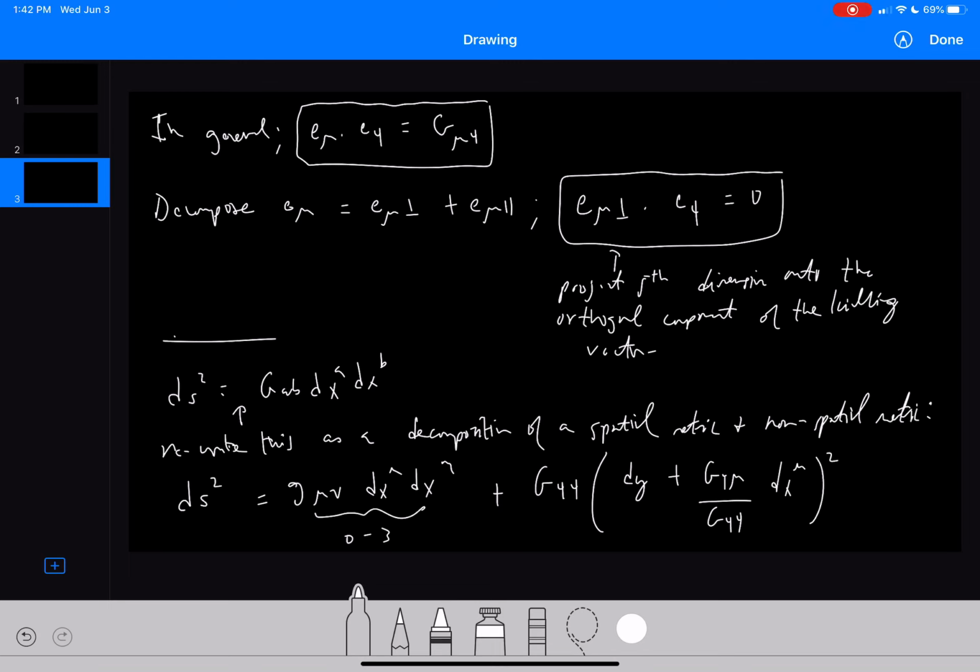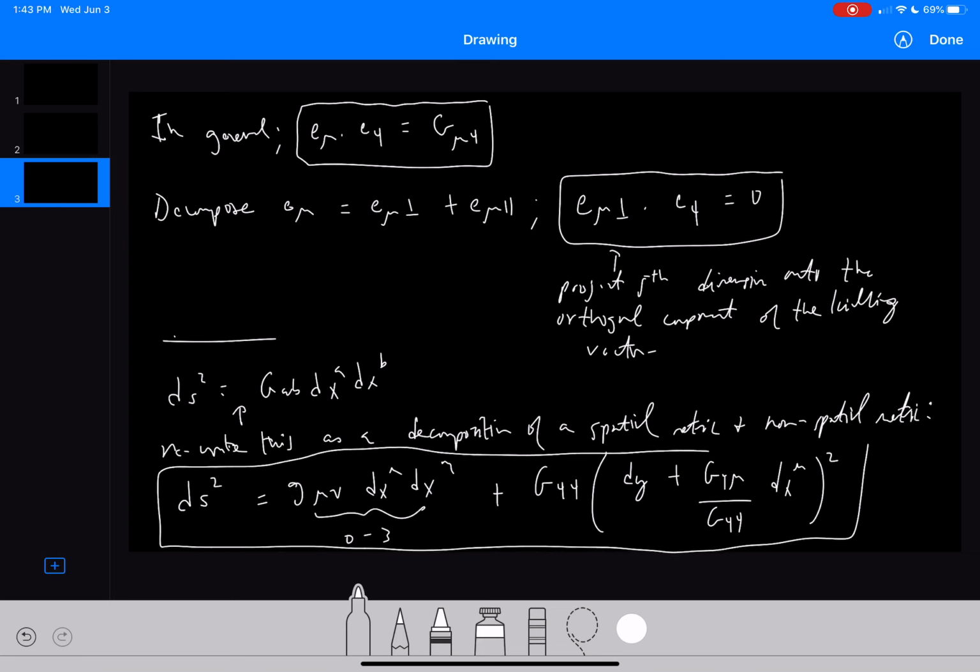Okay, and this is the metric tensor that we will work with, and we'll see why this is a really convenient form to work with in our problem. And so dy here is an additional coordinate. So we will see the implication of that very shortly. Okay, so there are some things that I should mention about this metric.